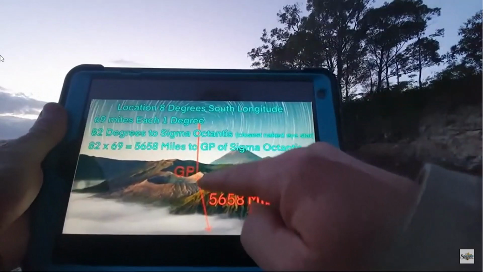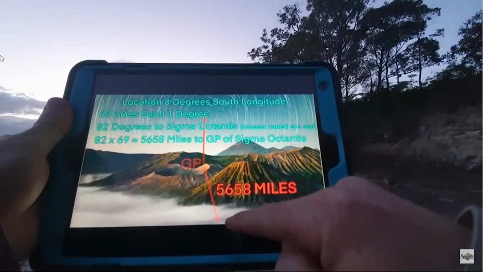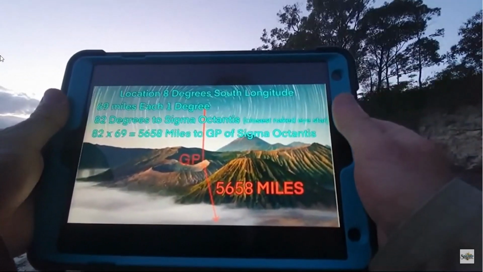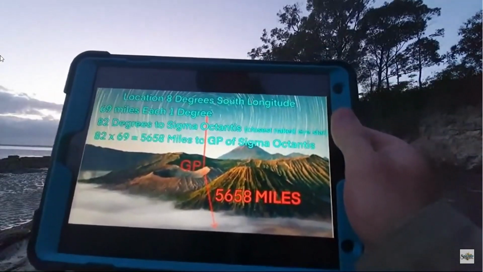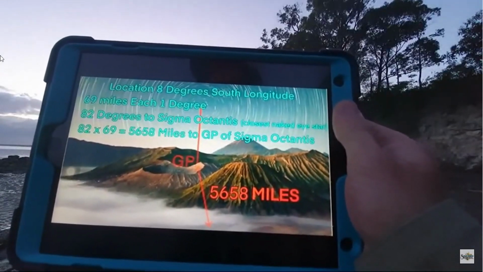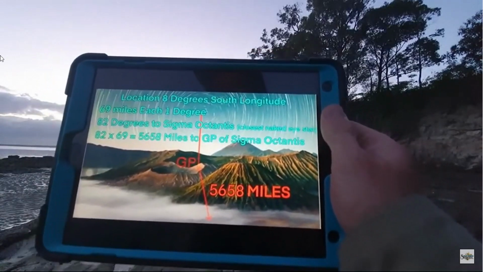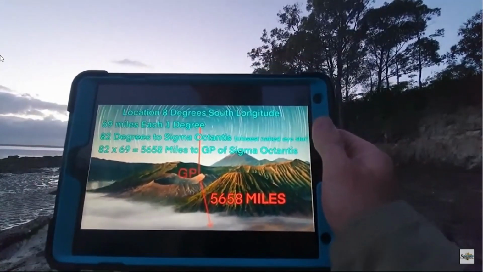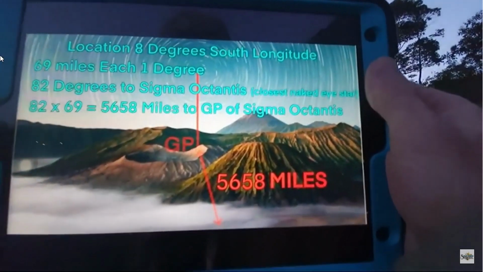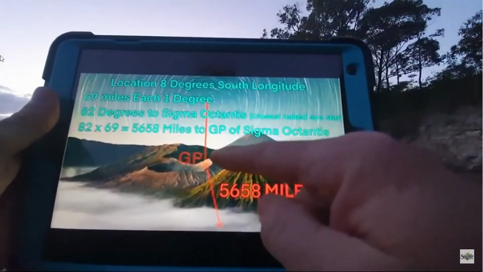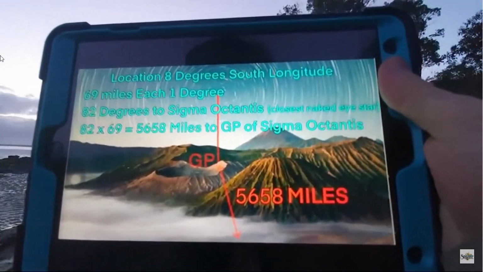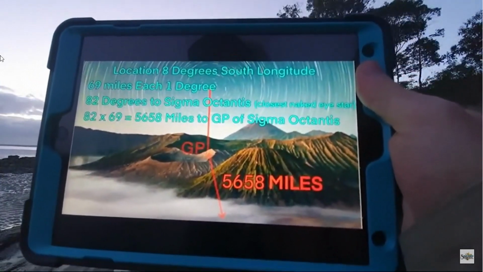This line right here, this one going from the observer to the GP of that star, has to be absolutely flat. You guys have a major problem. You guys being the globers, anti-flat earthers, the people who think that the earth is not flat. You want to go against the flat earth arguments. You want to try and say that we're living on a globe. That distance there is 100% flat. It has to be in order to get a measurement to a star.